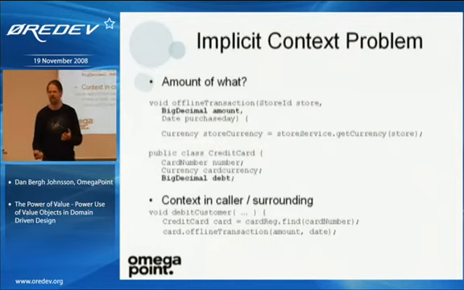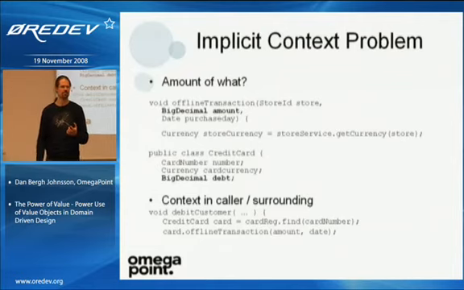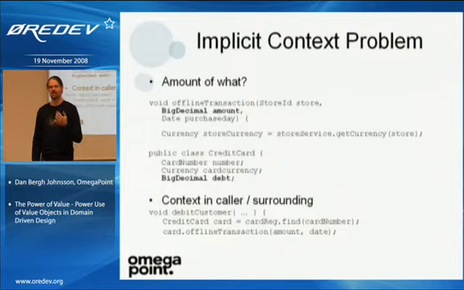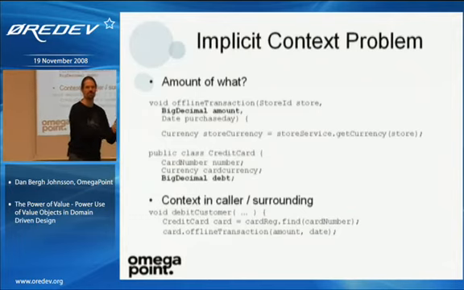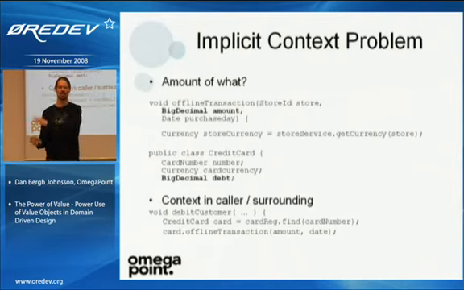So what's the trouble with that? Well, an offline transaction is done asynchronously. It might be a week or a month or two months between the purchase date and the processing. And that might span a New Year's Eve.